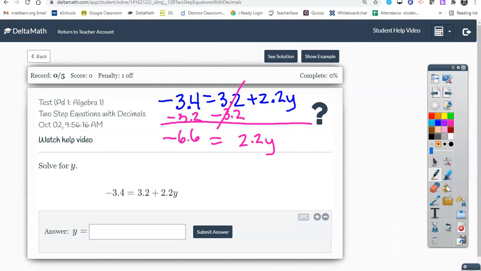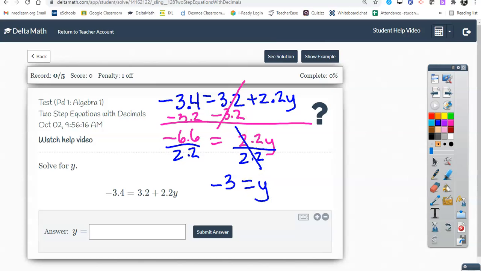Because my remaining term on the right-hand side with my variable has a coefficient, 2.2 is a coefficient. So the inverse operation of multiplying, that's the invisible operation, is dividing. Again, pick up your calculator if you need to. Negative 3.